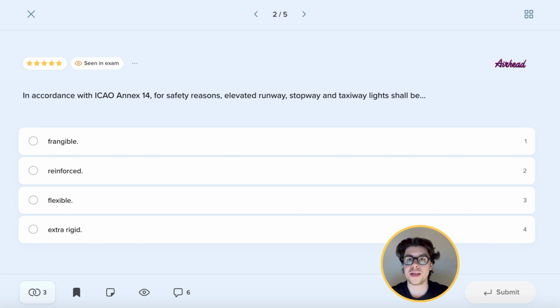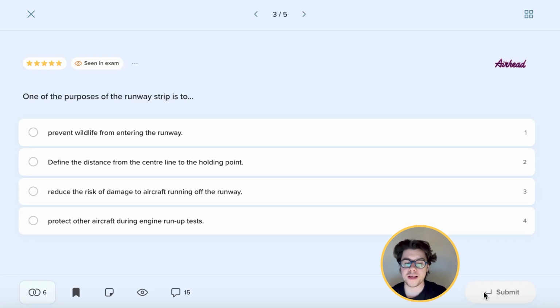Frangible means that they break easily, so in case that you hit it, nothing really happens. The sign breaks first rather than the aircraft. So this is really important. Quite an easy question, an easy point. However, remember the reasoning behind this. And of course, if you see the word frangible in the exam, in most cases, it will be correct.